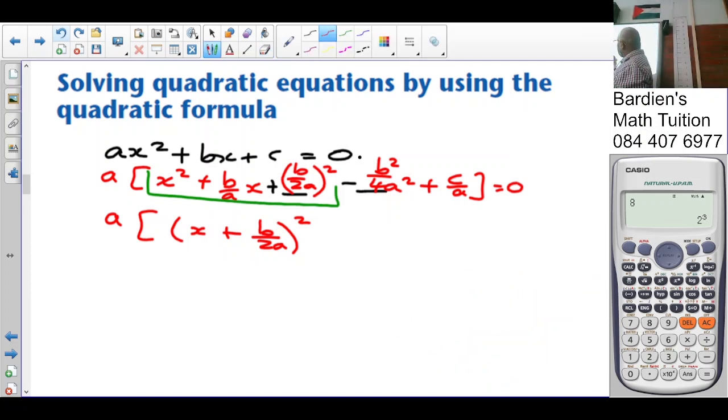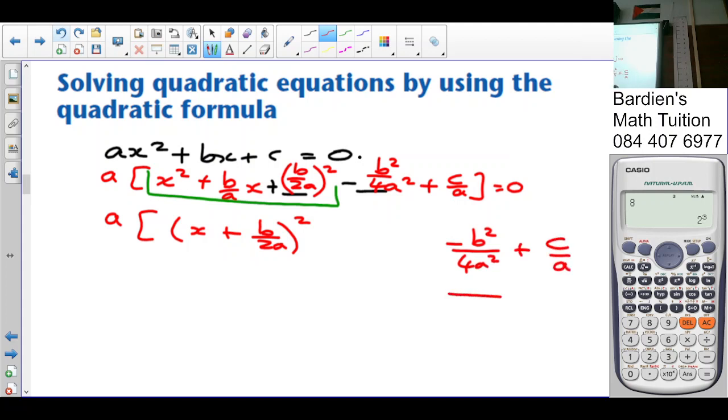I'm just taking this part out here and simplifying that, otherwise it's going to take me 3 steps to write down. That's why I'm taking it out. So I'd say minus b squared over 4a squared plus c over a. What's my LCM here? 4a squared. So 4a squared times 1 will give you 4a squared, so it's negative b squared. a times what is 4a squared? 4a.